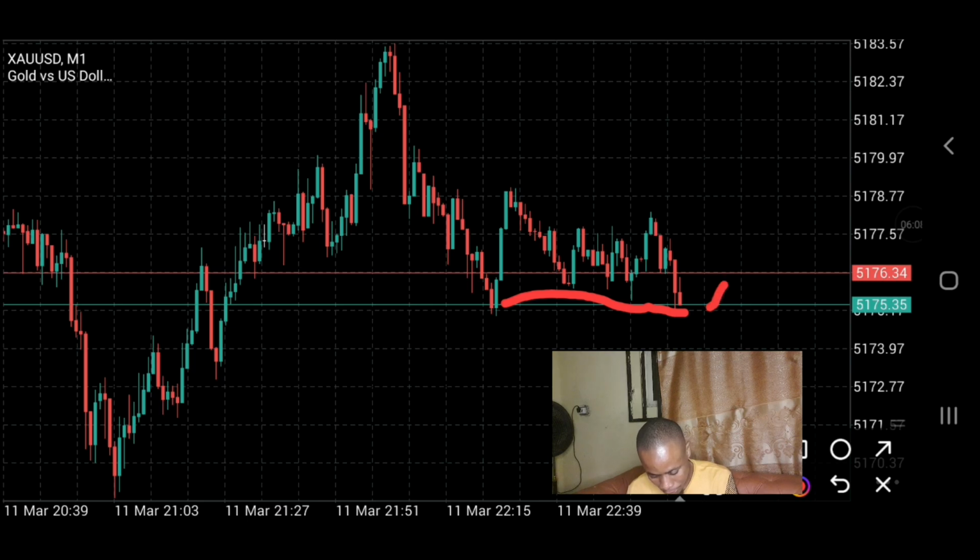Automatically this market will start buying from here. Just look at this. When the market reached here, it bought a little, then it came down to another support, then went for a buy, just like that. It moves a little, goes down, moves up, then goes down.